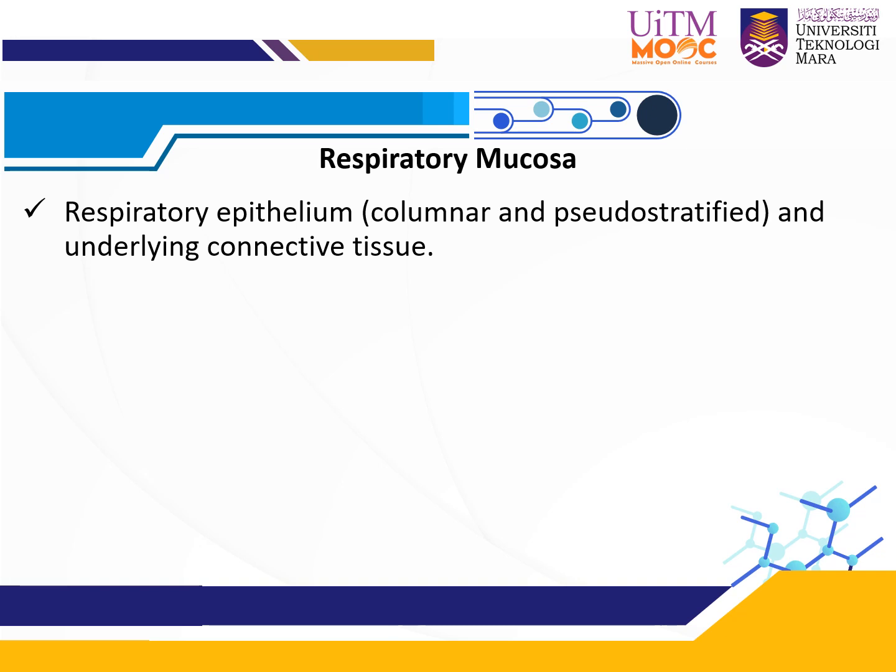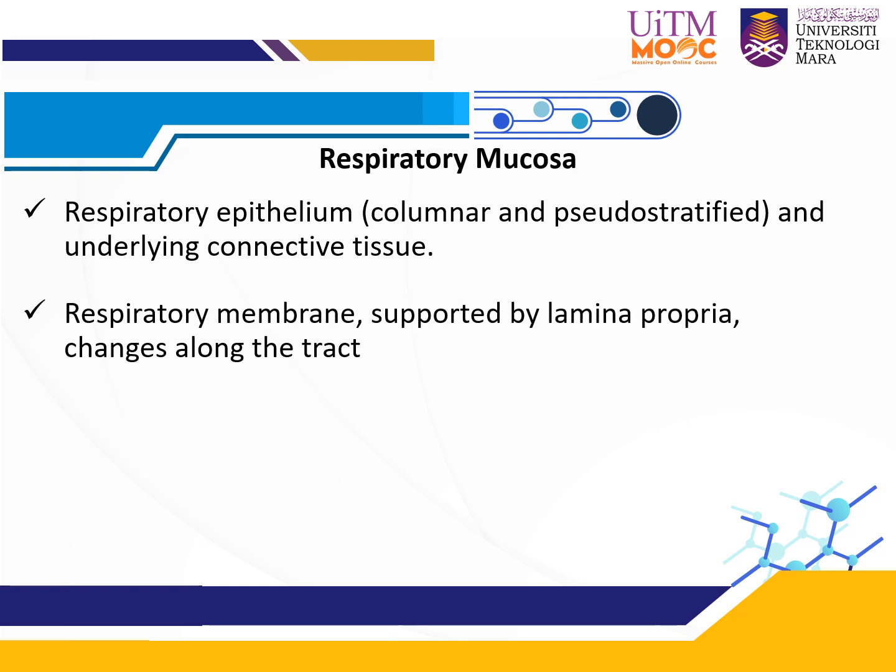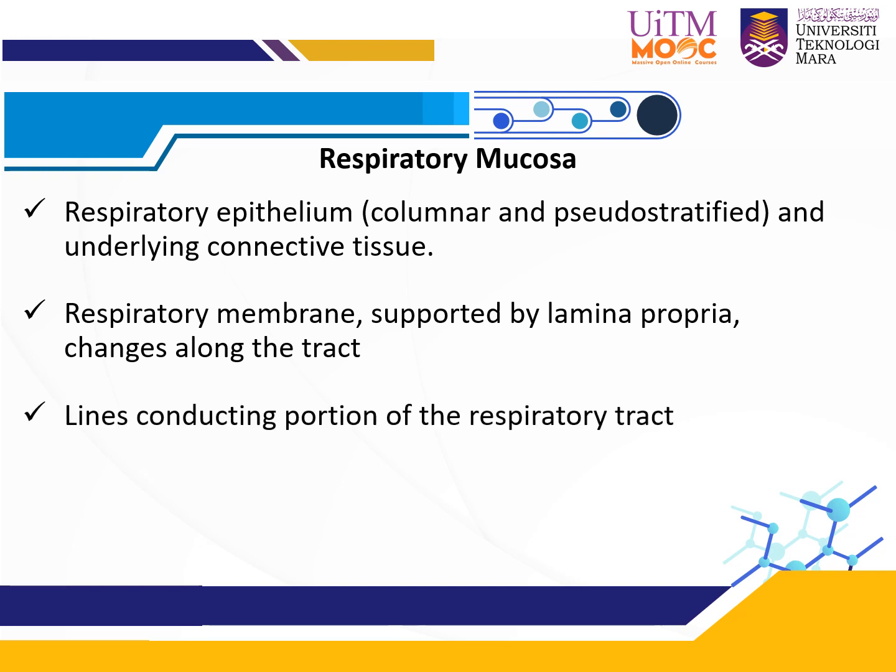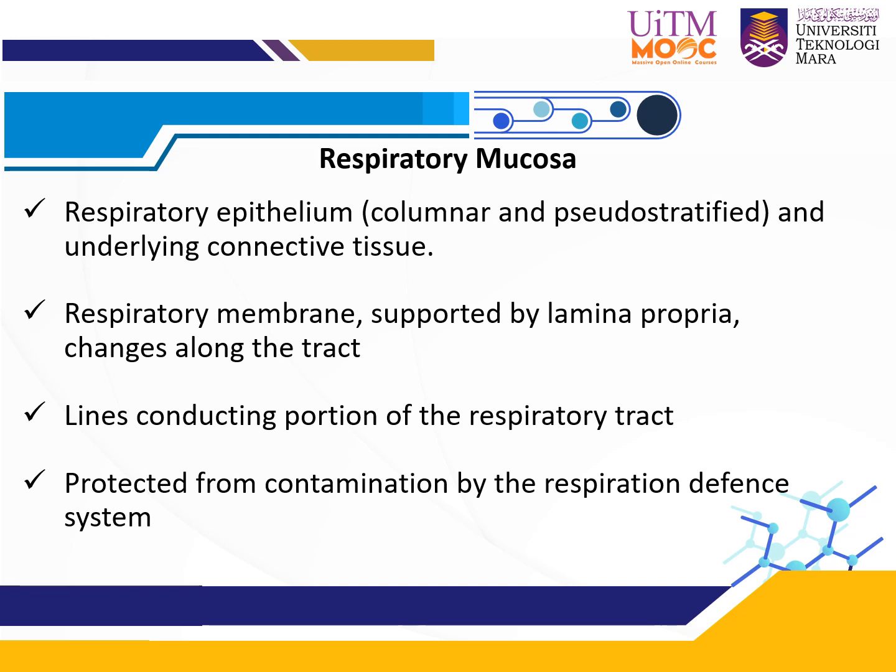There is underlying connective tissue and a respiratory membrane supported by the lamina propria that can change along the tract. The respiratory mucosa lines the conducting portion of the respiratory tract, and it is protected from contamination by respiratory defense systems such as macrophages. We have all the soldiers that can help to defend the mechanism.